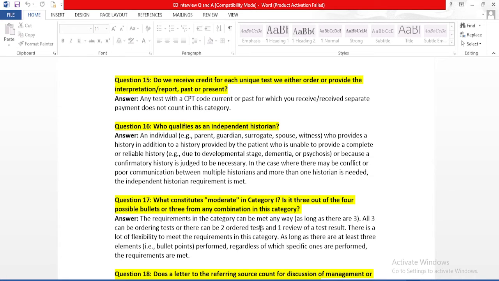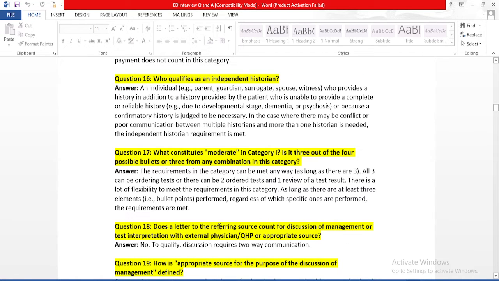Next question. Who qualifies as an independent historian? An individual, parent, guardian, surrogate, spouse, or witness who provides a history in addition to a history provided by the patient, who is unable to provide a complete or reliable history, or because a confirmatory history is judged to be necessary.